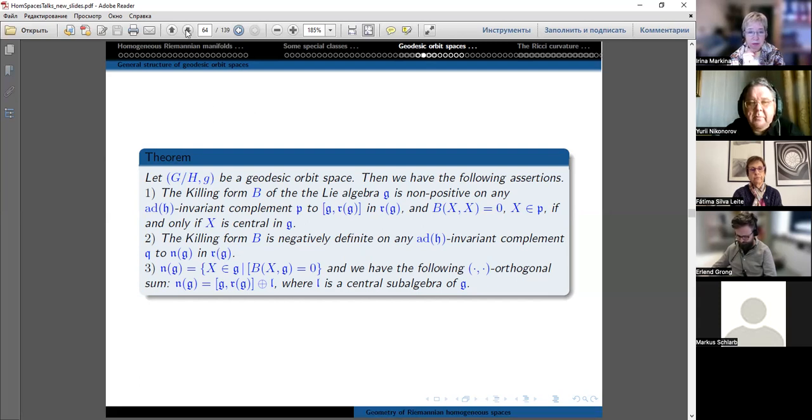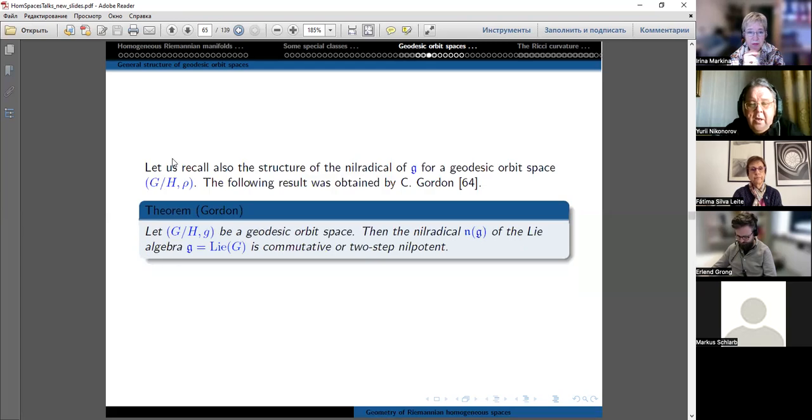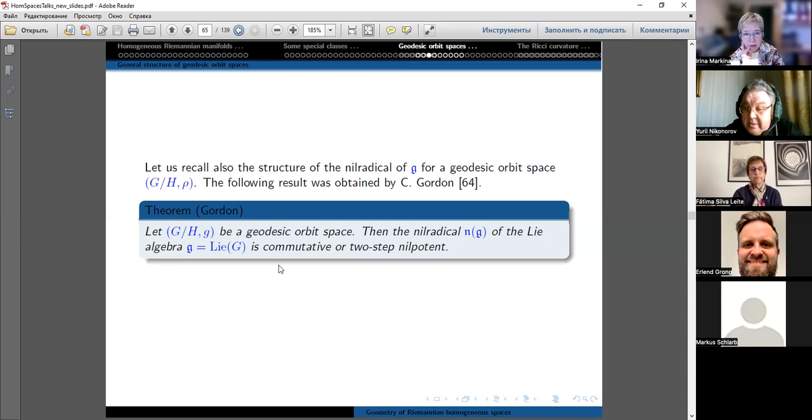Okay, I skip all this. And the more simple results, simple to say and simple to explain: let's recall the structure of the nilradical of G for a geodesic orbit space. This result is by Gordon. If G mod H is a geodesic orbit space, then the nilradical of the Lie algebra G is commutative or two-step nilpotent.